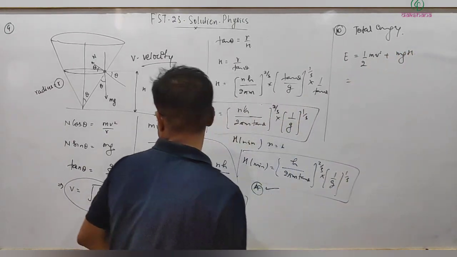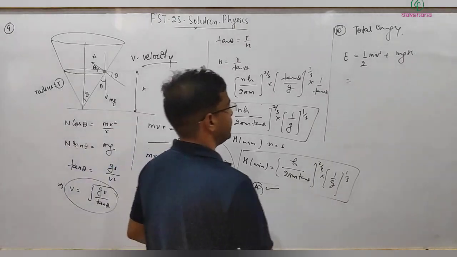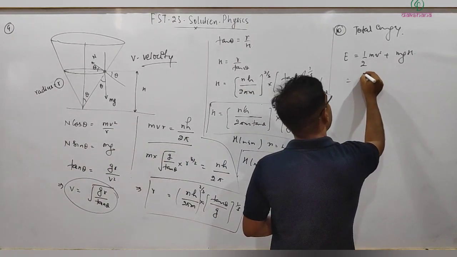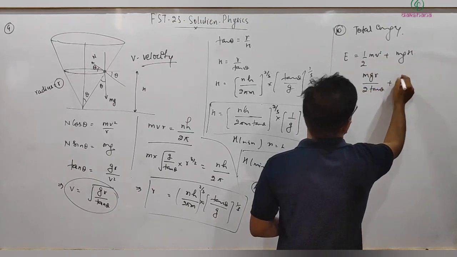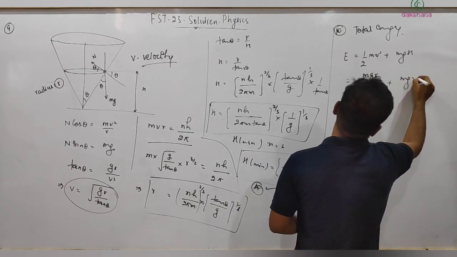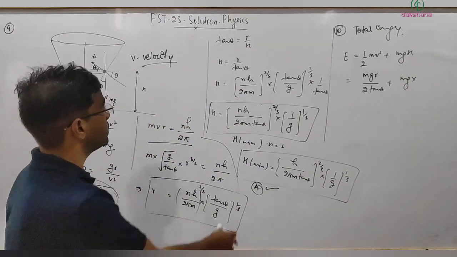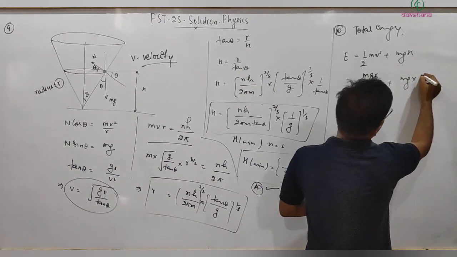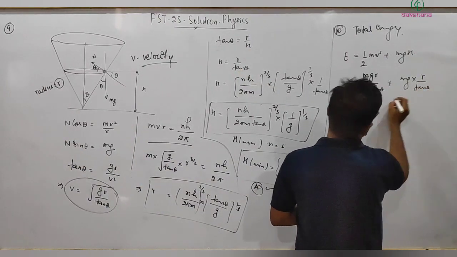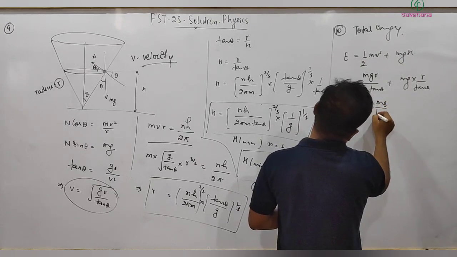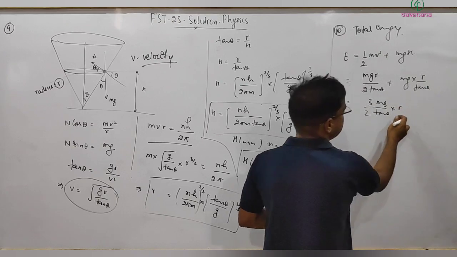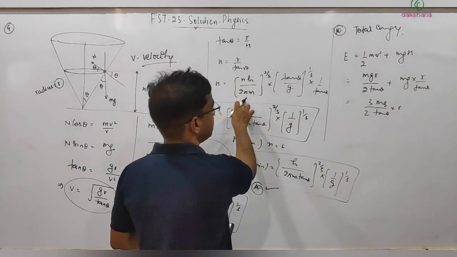If I substitute v square from here, it comes out to be mgr divided by 2 tan theta, plus mg into h. H is equal to r by tan theta, so this is also r by tan theta. So then I am getting basically 3 by 2 mg by tan theta multiplied by r. Substituting these values, because we already got r.